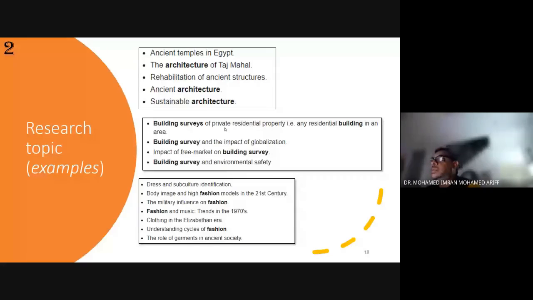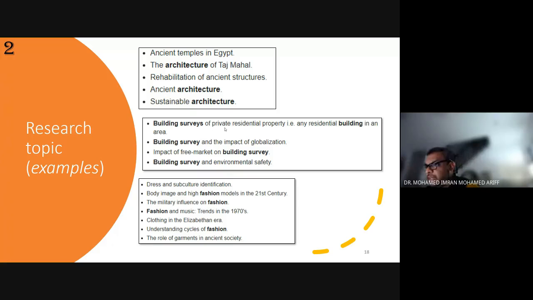Kotak pertama: ancient temples in Egypt, the architecture of Taj Mahal, rehabilitation of ancient structures, ancient architecture, sustainability architecture. Building survey of private residential properties, any residential building in an area, building survey and the impact of globalization, impact of free market on building survey and environmental safety.